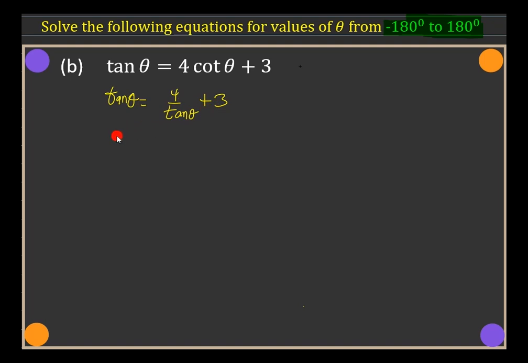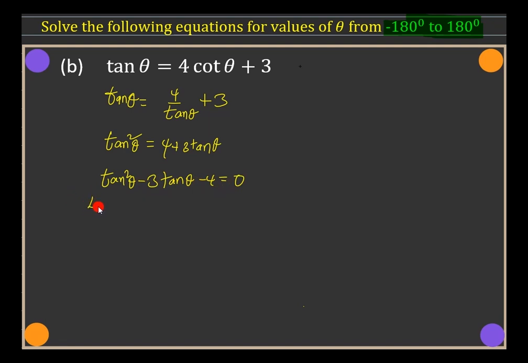We shall multiply through by tan theta, and we have tan squared theta equaling 4 plus 3 tan theta. We shall write this as a proper quadratic equation in tan theta: tan squared theta minus 3 tan theta minus 4 equal to 0.